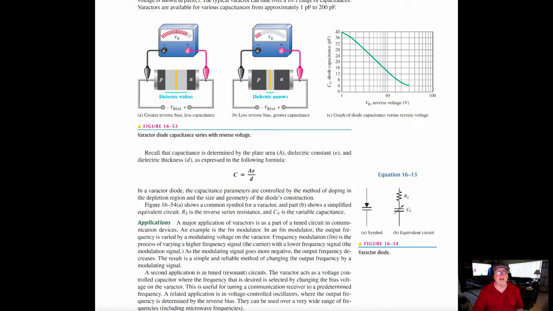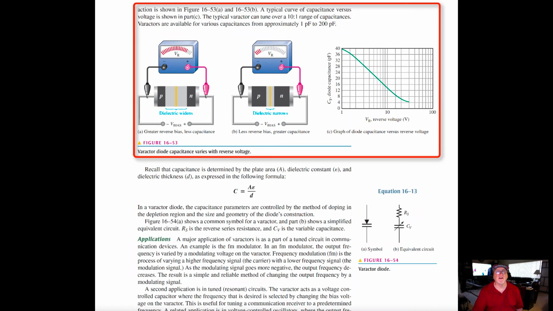So this action is shown in the diagram. A typical curve of capacitance versus voltage is shown in the graph below C. The typical varactor can tune over a 10-to-1 range of capacitances. Varactors are available in various capacitances from approximately 1 picofarad to 200 picofarads.